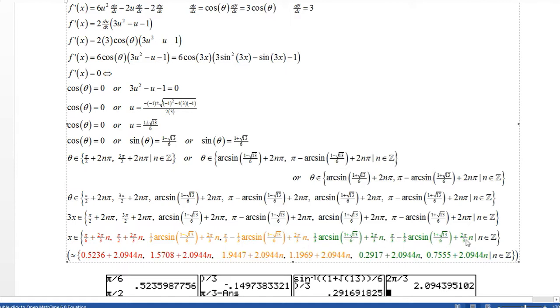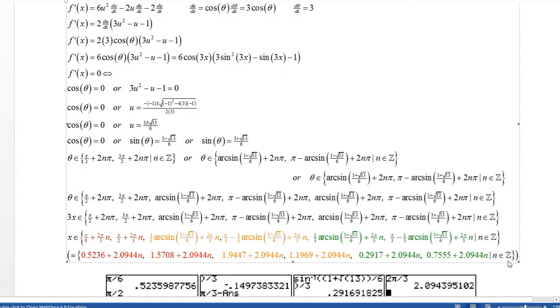You can read across there. So you've got 1, 2, 3, 4, 5, 6 infinite sets of these things. So 6 basic ones within one period, and then shifts of those by the period.